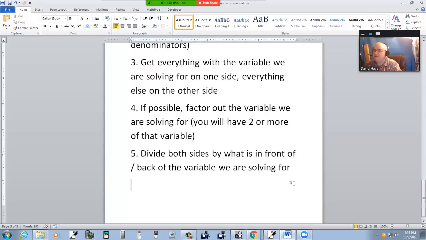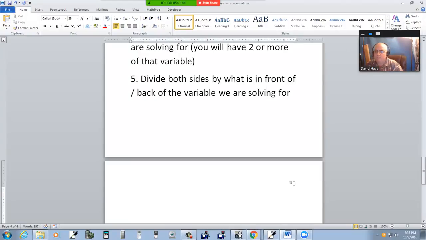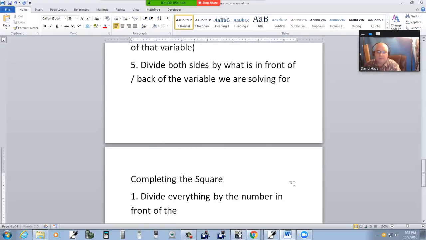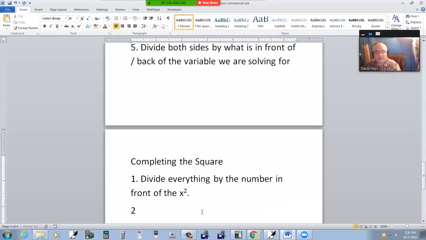Now let's take a look at completing a square. Our first step in completing a square is to divide everything by the number in front of the x squared. Step 2, take the constant term to the right side.